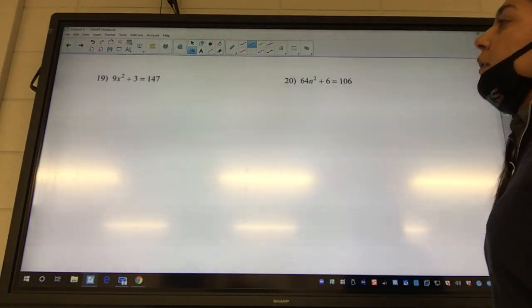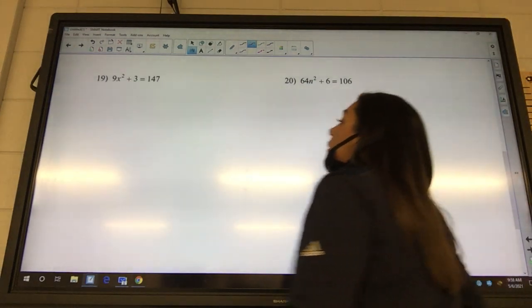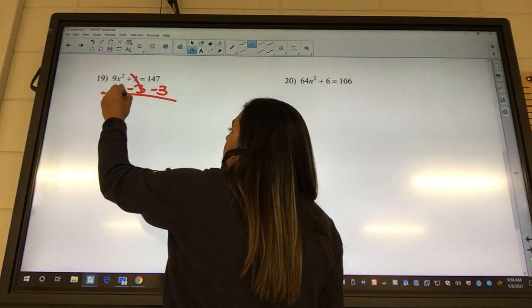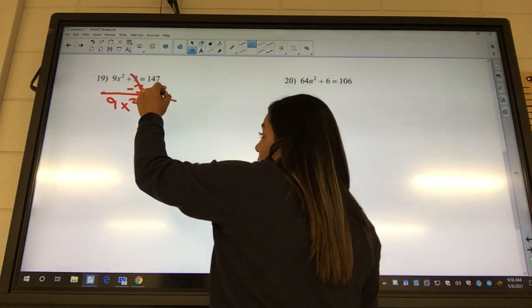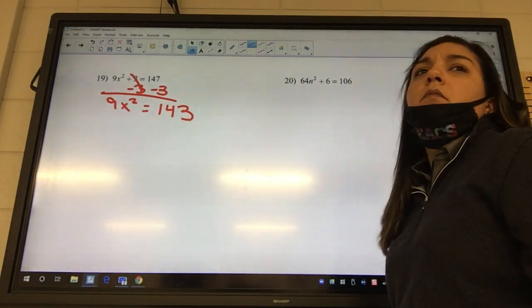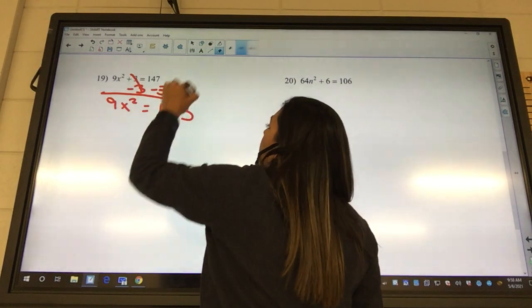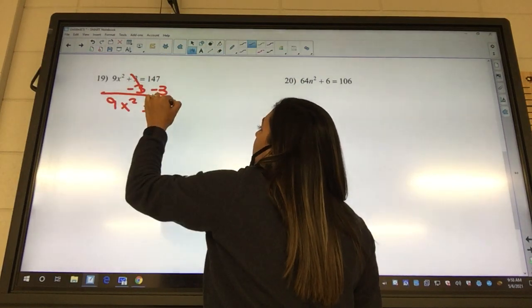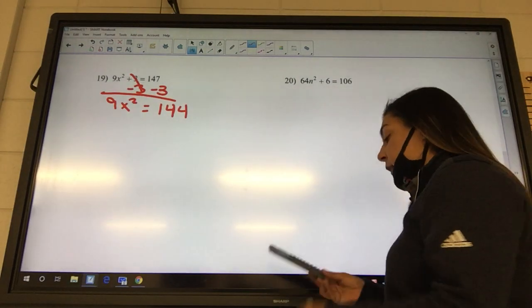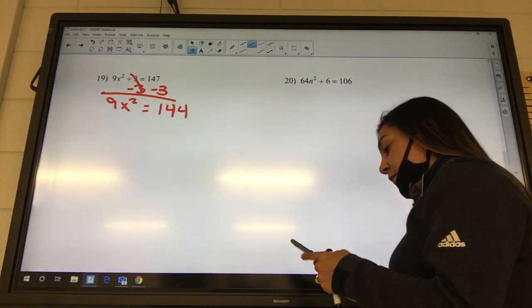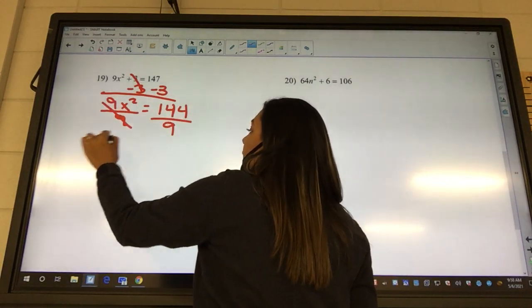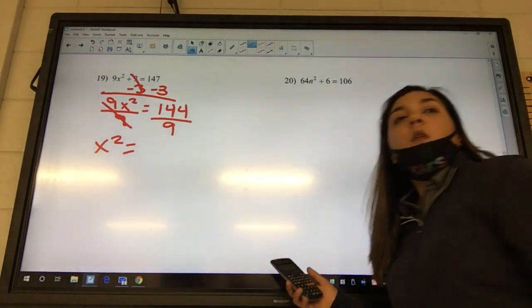Okay, last one. What needs to move first? Minus 3, minus 3. So I got 9x squared equals 144. Divided by 9. So I got x squared equals what?